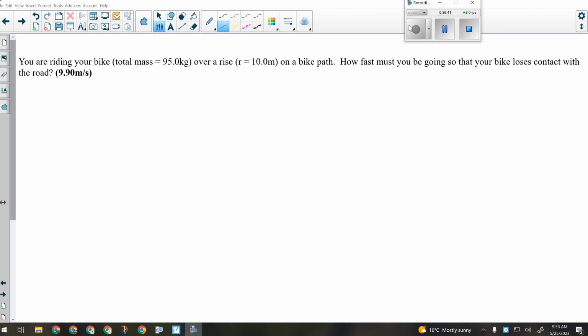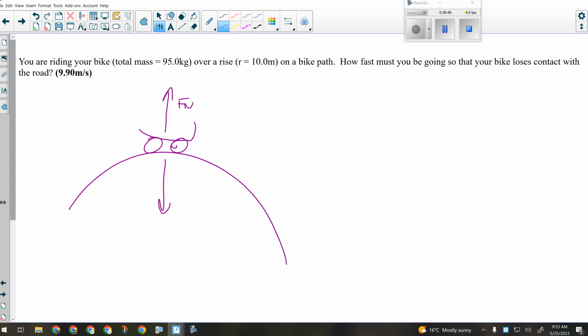Okay, so if we're going over a rise in a path, we're going over the top of a vertical circle, that means this is what would happen generally, except in this question, they tell me that my tires lose contact with the path. So what happens to my normal force now? It becomes 0, right? I would feel apparently weightless because if I don't touch the path it can't push on me.